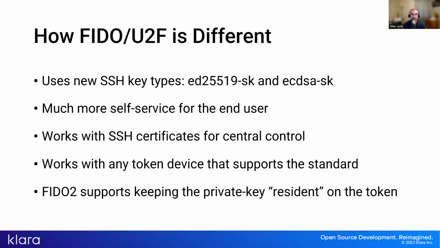One of the big advantages with Fido/U2F is that it's a standard. So it's supposed to work with any token device that supports the standard, rather than specifically having to buy YubiKey branded keys or whatever. Fido version 2 also supports what's called resident keys, where the private key file, which normally would be a file on your disk in your home directory, is actually resident on the token as well as the HSM part.